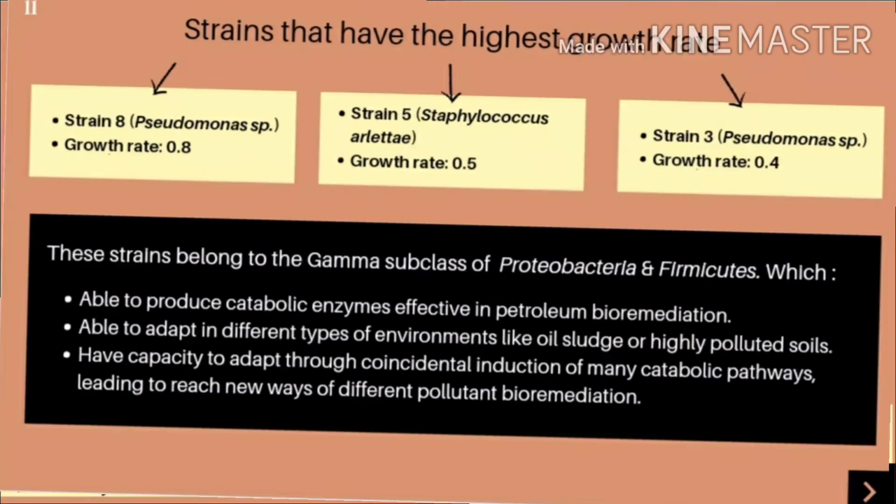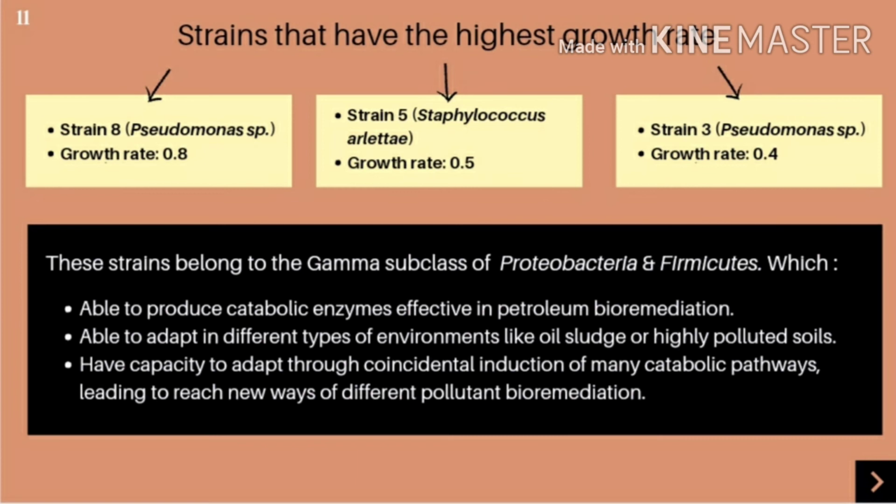Strains that have the highest growth rate. First, strain 8, which is Pseudomonas sp., the growth rate was 0.8. Second, strain 5, which is Staphylococcus aureus, the growth rate is 0.5. And lastly is strain 3, Pseudomonas sp., and the growth rate is 0.4.